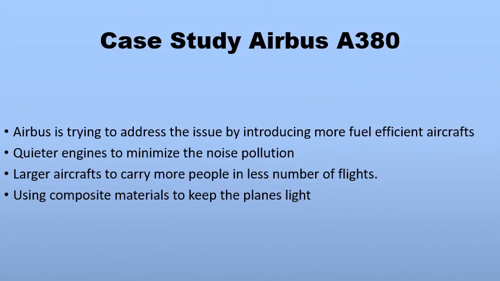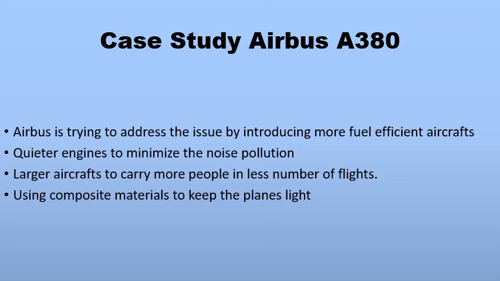For example, Airbus is trying to address the issue by introducing more fuel-efficient aircraft, meaning burning less fuel and covering more distance. They have fuel-efficient engines, meaning they burn the same amount of fuel, but their output has increased through improved technology. For example, an engine of the 1940s gave less output burning the same amount of fuel as an engine today.